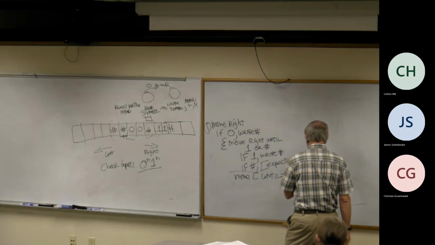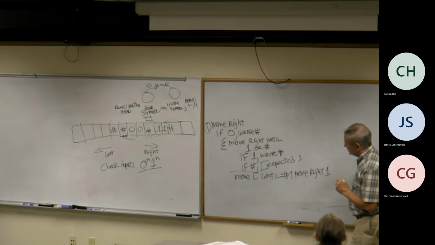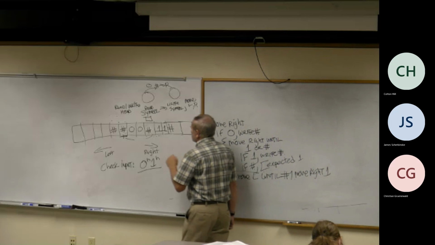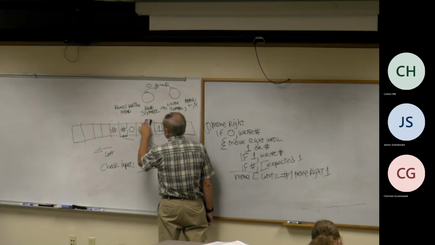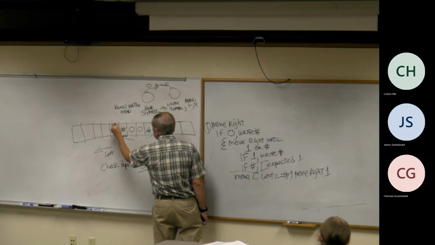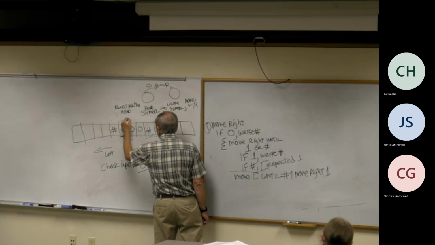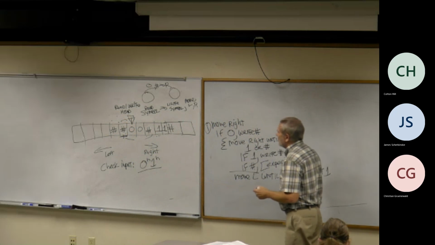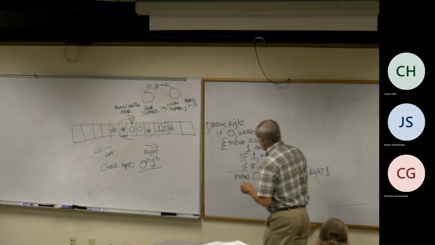And then move right 1. So that would get us to move right till we get the pound sign, and then move left till we get the pound sign, and then move right 1. So we'd be sitting here. So in this case, we've gone through the process of matching 1, 0 to 1, 1. And then we can repeat.